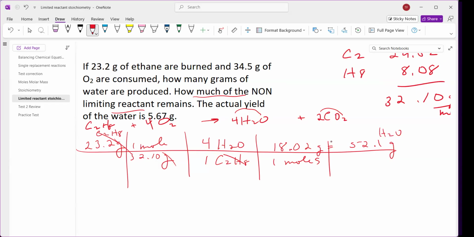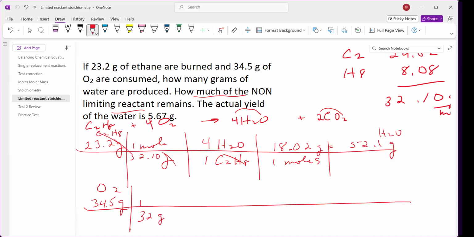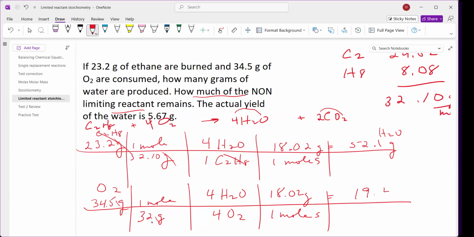Now we're going to look at oxygen only. So the oxygen limits the production of water. So that's the limiting reactant.